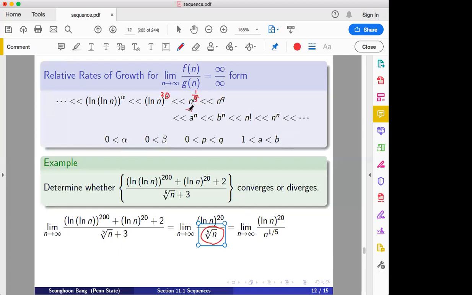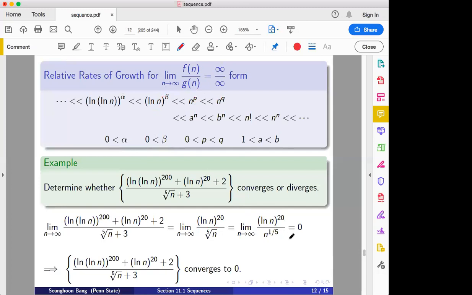The n to the 105 is growing faster than ln of n to the 20. So the bottom one is growing faster than the top one. The answer is 0. The sequence converges to 0. This is the whole idea for solving this kind of problem by using relative rate of growth.